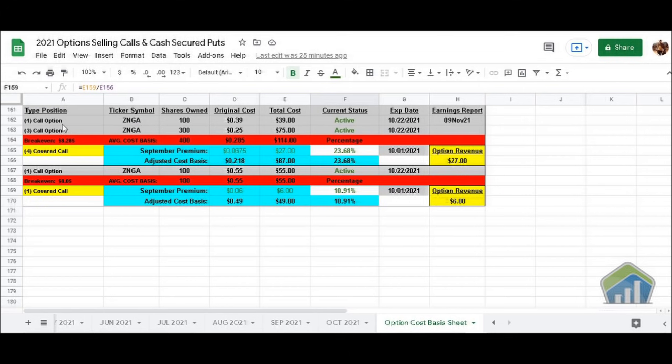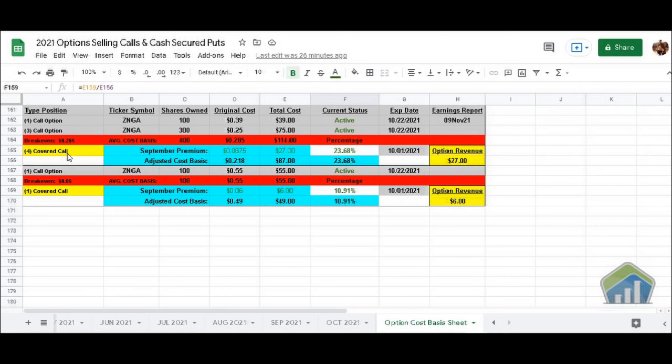And as you can see, we have three option contracts, 300 shares. The original cost, 39 cents, 25 cents. And you can see it's all active, right? And this is when the earnings report comes out. The break even is now $8.28. And the average cost is going straight across, right?